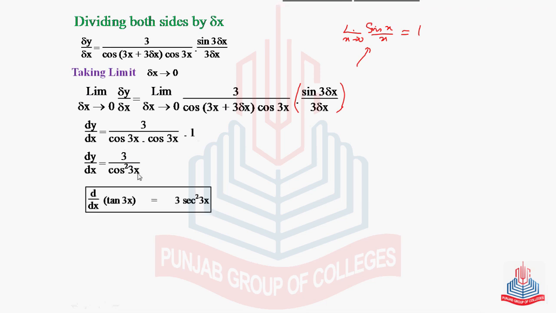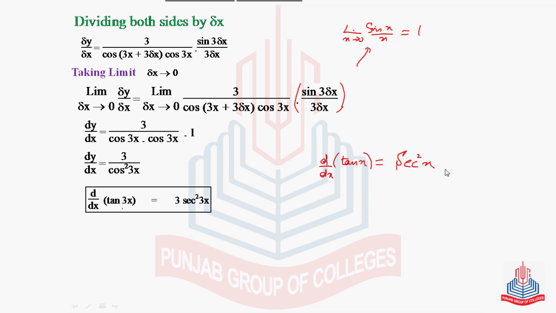So d by dx of y, where y was tan 3x, the derivative of tan 3x will become 3, and this 1 over cos square can be written as secant square 3x. So again we can verify our result: the original formula for the derivative of tan x is equal to secant square x.